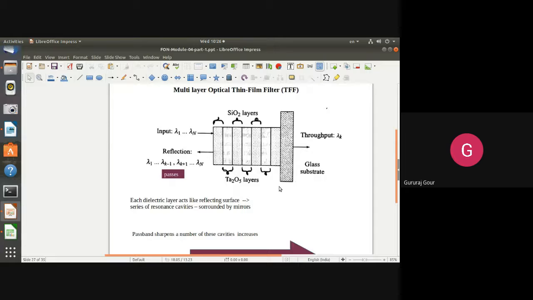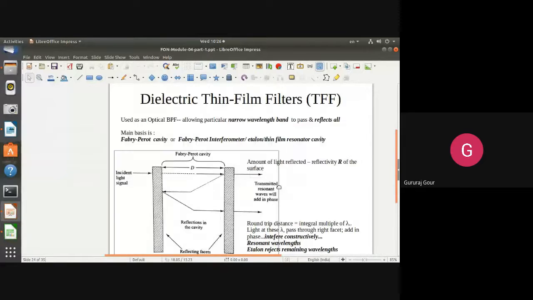Next, let us see another thin film filter, known as a multi-layer thin film filter. Till now we have seen only two layers, two optical reflecting facets, in the Fabry-Perot cavity resonator. With two layers, what is happening?